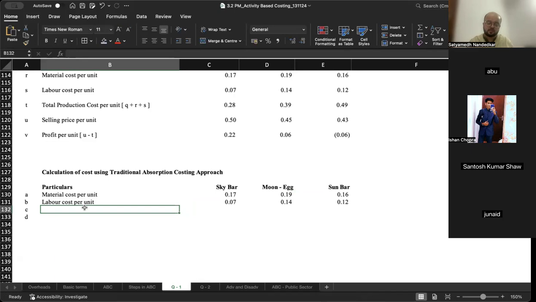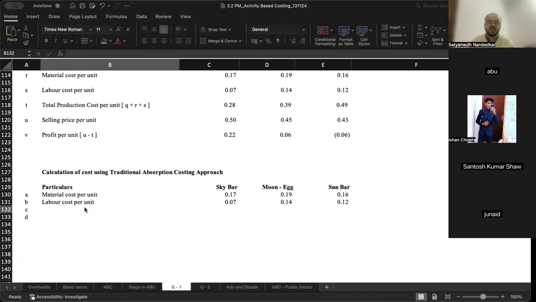Then now I'll need my total overhead. So here, instead of having an overhead absorption rate that is calculated on the basis of the activity, here I'll have to take an overall overhead absorption rate calculated on another basis.